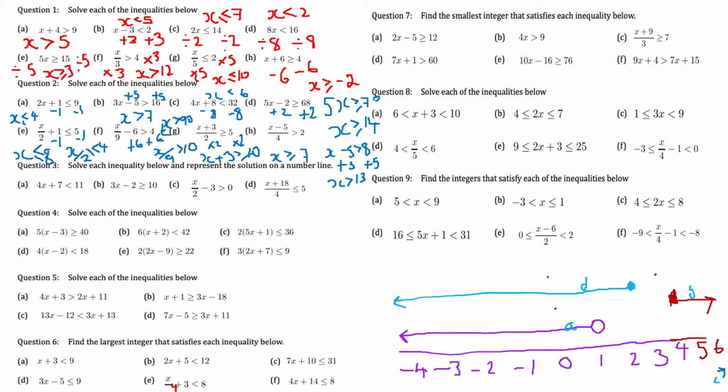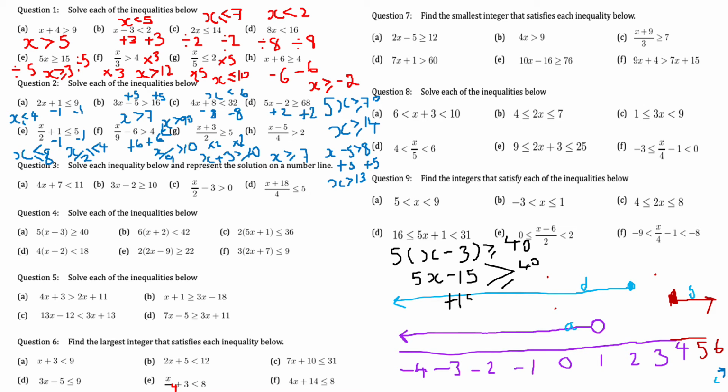So solve the inequalities below. 5 lots of x minus 3 is greater than or equal to 40. So expanding that bracket out, I'm going to get 5x minus 15 is greater than or equal to 40.